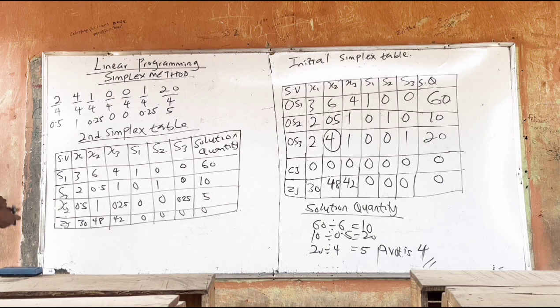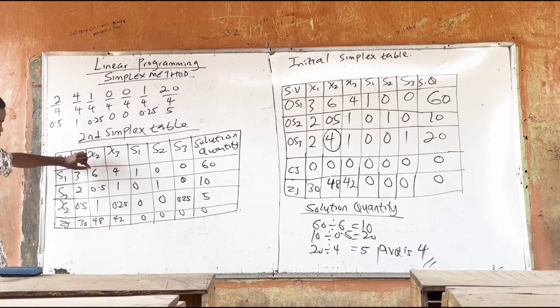My target is what? Since I've gotten this, my next step is this: since this is my new pivot row, all these elements in the S2 row, I write it so that I can remember that my pivot row is this. I have to make this one 0, this one 0, this one 0, so that the element we got here, our pivot element, is not going to change.